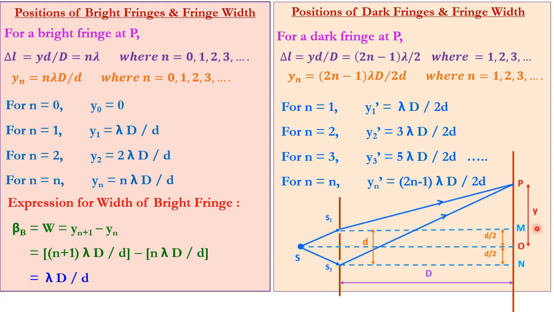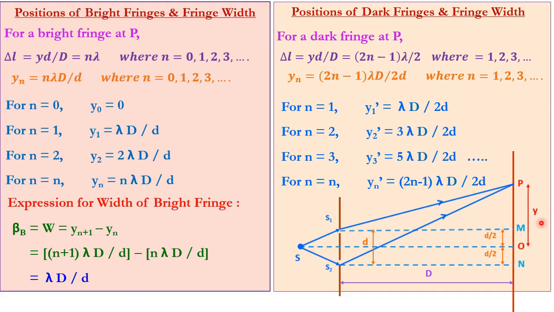For n is equal to 2, that is for second order, we have y2 dash is equal to 3 lambda D by 2d. For n is equal to 3, it will become 5 lambda D by 2d, and for n is equal to n, yn will be 2n minus 1 lambda D by 2d. So in this way, we'll get the values of y for different values of n.